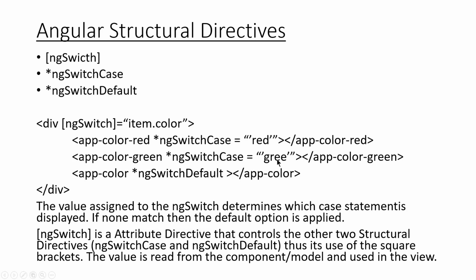If our item color was green, then this one would be displayed. If our switch was neither red nor green, then we have the option of showing a default, and then that part would actually be displayed.